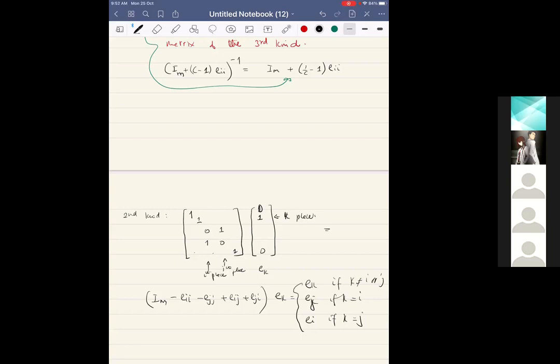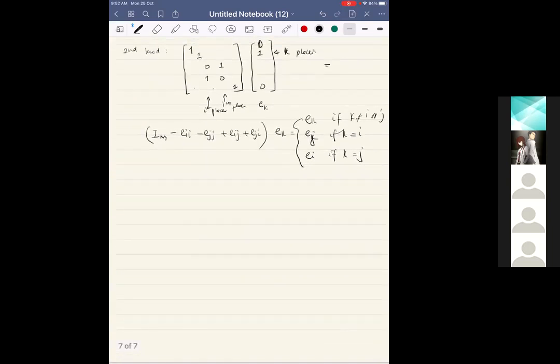Okay. So for example, if m equals 3 and i equals 1 and j equals 2, what does this do?